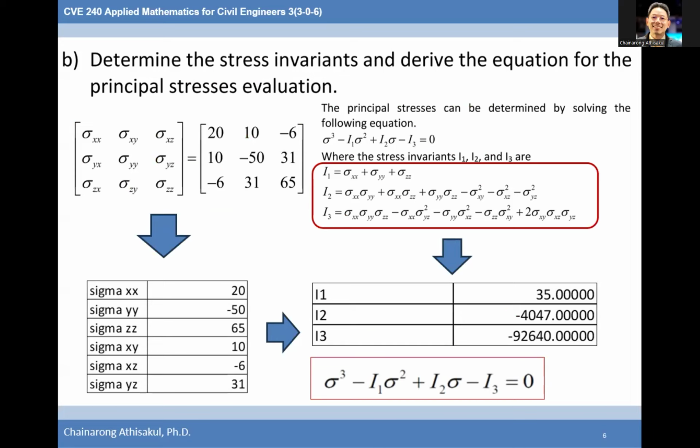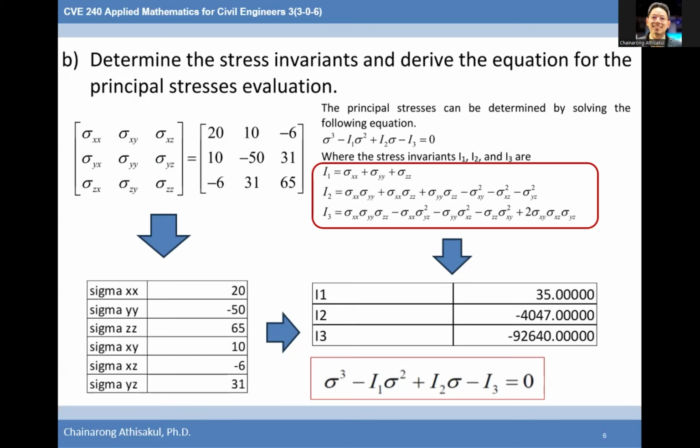According to these values, sigma x is 20, sigma y is minus 50, sigma zz is 65, sigma xy is 10, sigma xz is minus 6, and sigma yz is equal to 31.